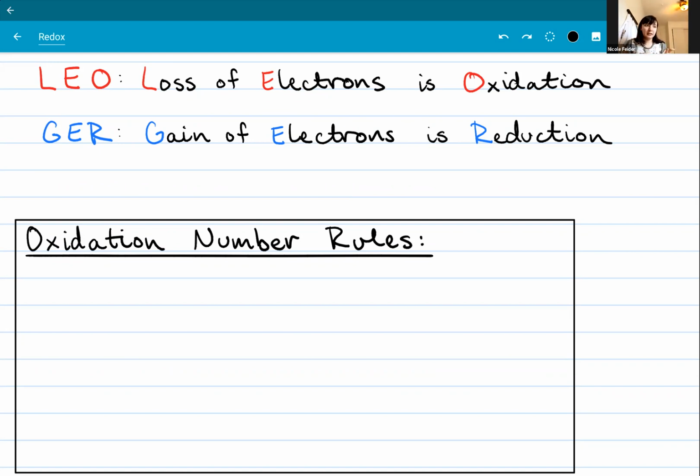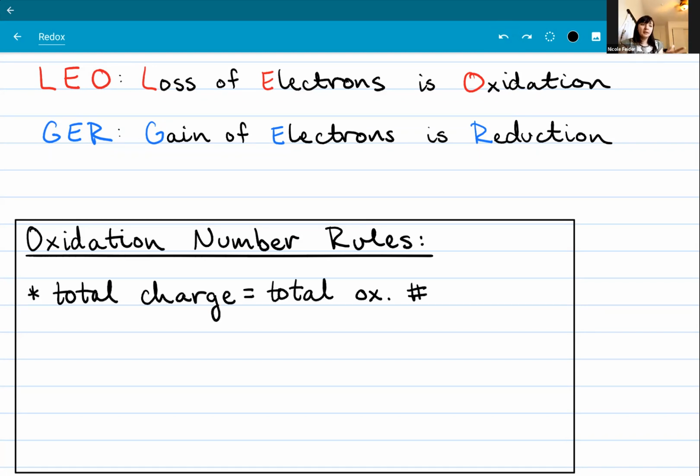Instead, we determine oxidation number through a variety of contextual factors. So just like the charge of a complex of polyatomic ions and neutral compounds, the sum of the atoms' oxidation numbers must equal the charge of the whole molecule.